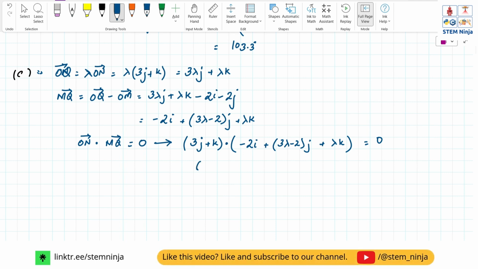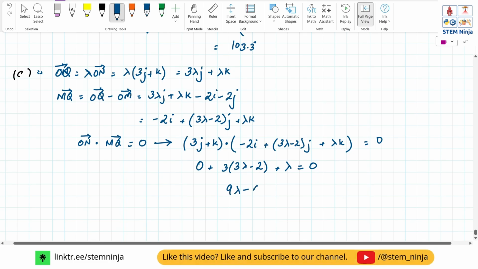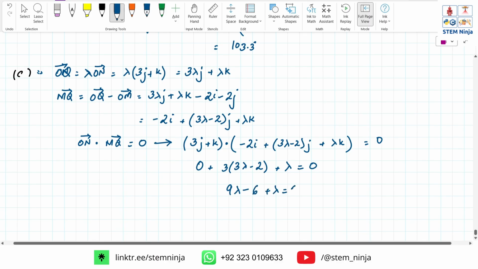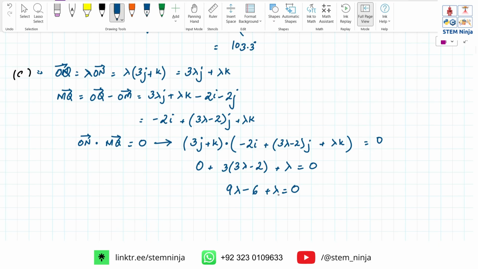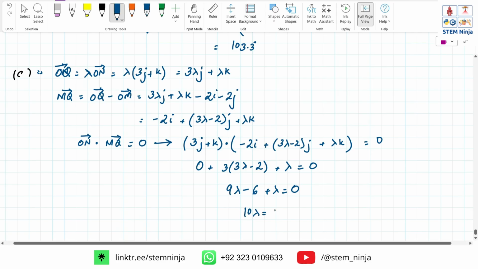Since there is no i component, that would be 0, but this would be 3 times 3 lambda minus 2, and the other one would be 1 times lambda, equal to 0. So we will have 9 lambda minus 6 plus lambda equal to 0. This becomes 10 lambda equal to 6, and lambda would be 6 over 10, which is 3 over 5 or 0.6, however you want to write that.